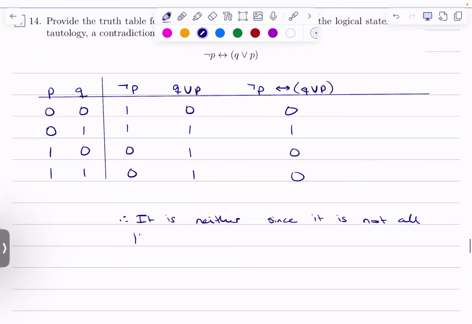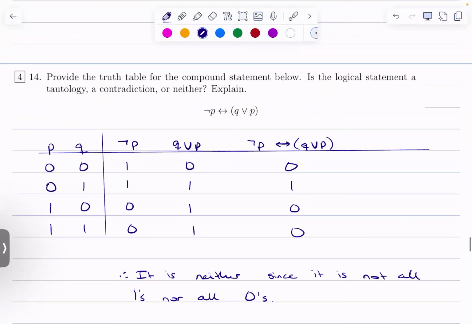The biconditional has to bounce between the same values for it to be a 1. So they both have to be the same thing.